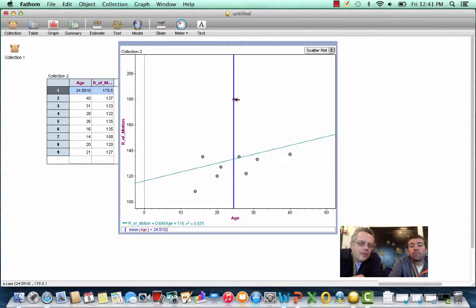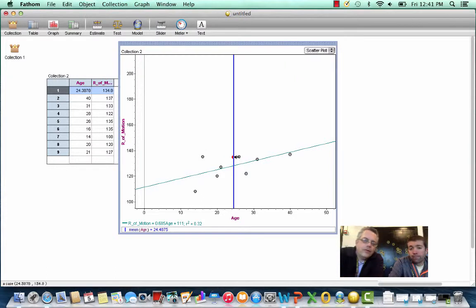As you see, this point has no leverage right now. It's right on the average line. So as we move it up, it pulls the line up or down, but doesn't change the slope radically. It changes a little bit, but it's not very influential, even though it has a high residual.